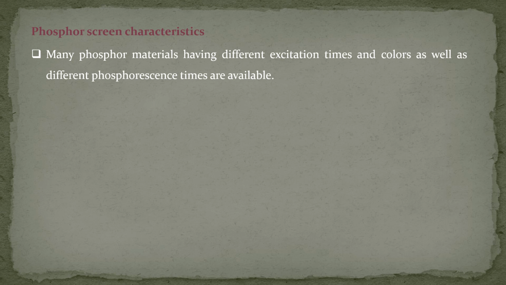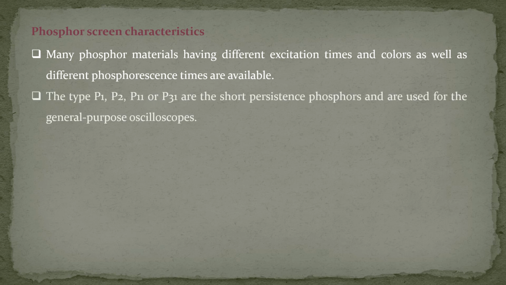Phosphor screen characteristics. Many phosphor materials with different excitation times and colors, as well as different phosphorescence times, are available. The types P1, P2, P11 or P31 are short persistence phosphors and are used for general purpose oscilloscopes.